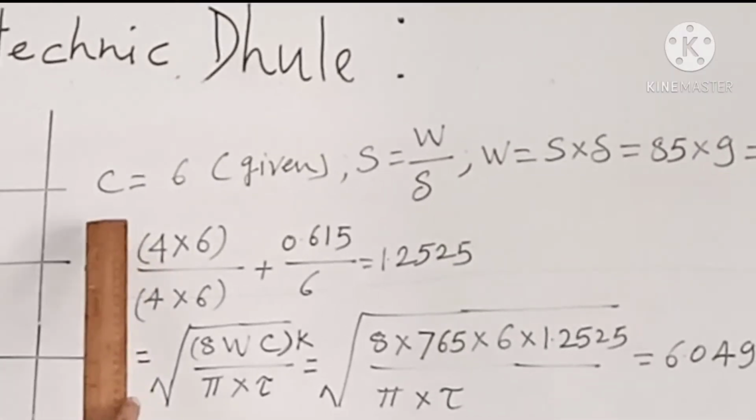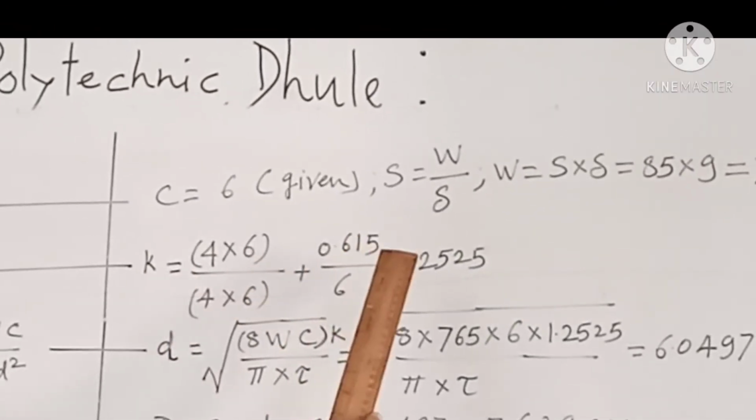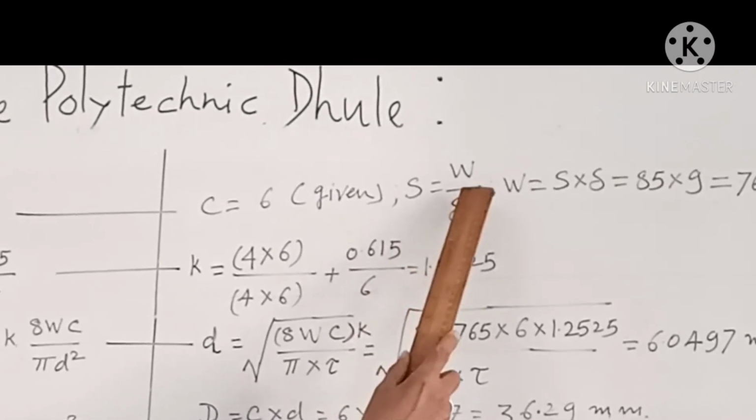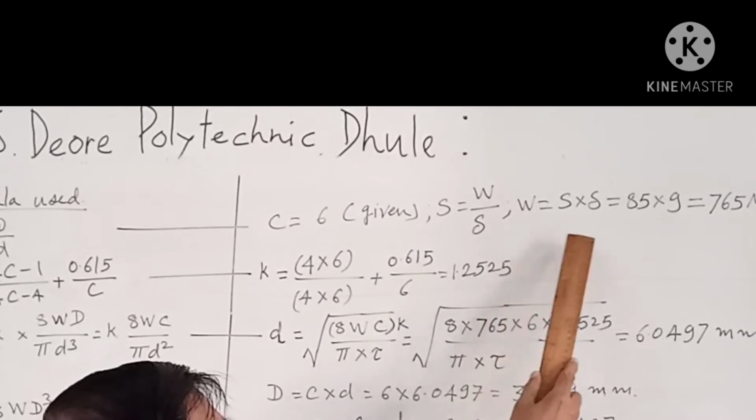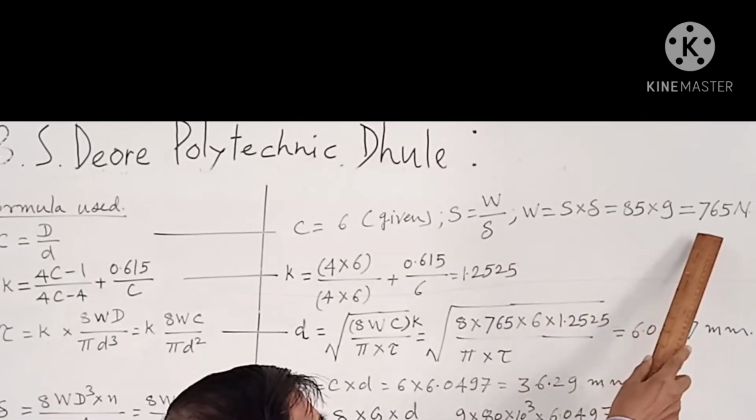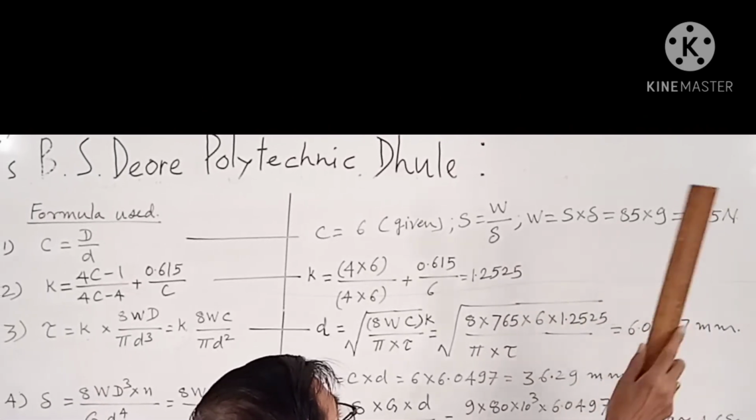In this problem, C is given, equal to 6. Stiffness S is equal to W upon delta. From this formula we calculate the actual load W, which comes out to be 765 Newton.